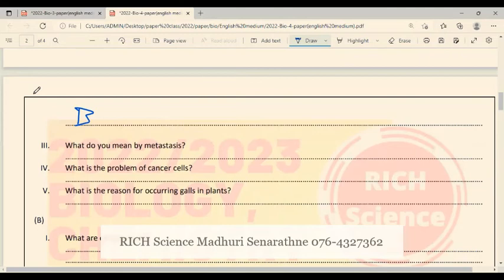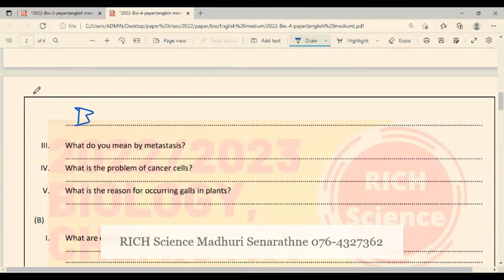Third point, they may require growth factors themselves. Fourth point, or giving signals to continue the cell cycle without growth factors.